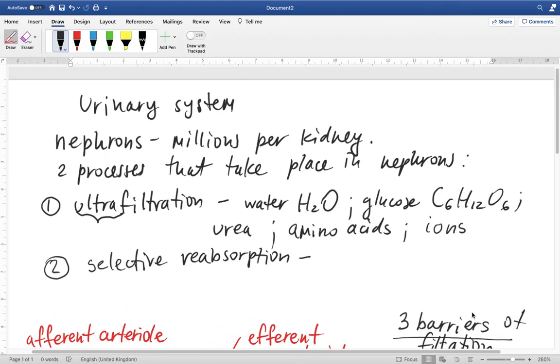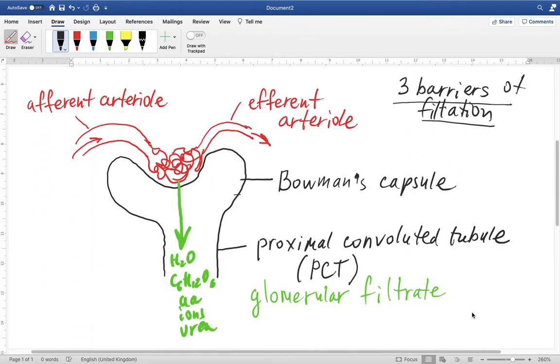If I really zoom into my picture, imagine I've got some blood inside that tiny blood vessel, which is one of my capillaries. In order for this stuff to get from inside that capillary into this space, what do I have to get through? Well, the first barrier will be the wall of the actual capillary, because it's such a thin line.